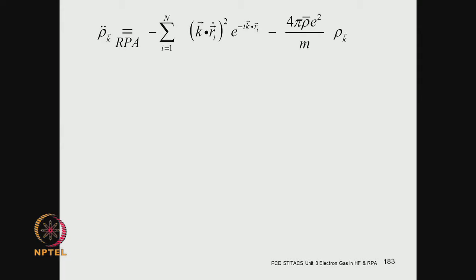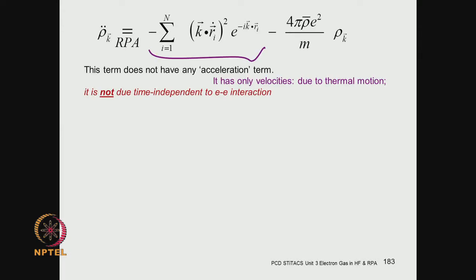So, let us rewrite this rho k. This is the first term now. This has got the velocity, it does not have any acceleration, and this is coming as we have seen when we developed the equation of motion for the kth component of the Fourier component of the charge density, and there is no explicit time independent electron-electron interaction which is being referred to over here.